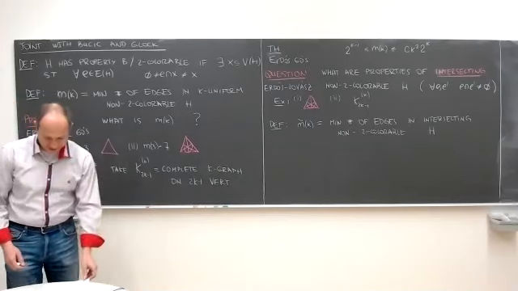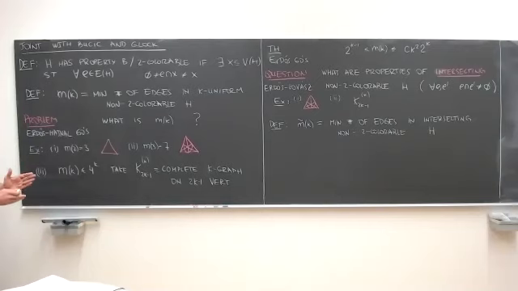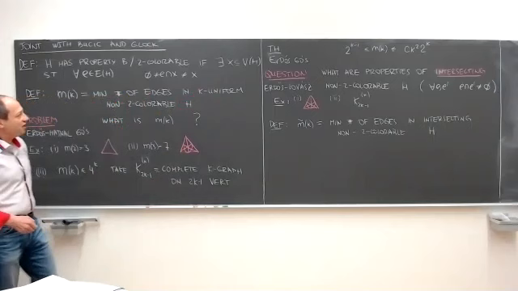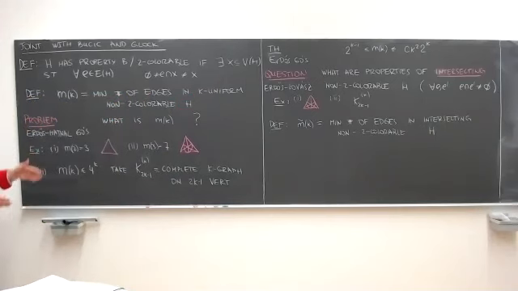I will say that a hypergraph has property B, which is equivalent to being two-colorable, if there is a subset of vertices X such that X intersects every edge but is not contained in the edge, right? So this is the definition.